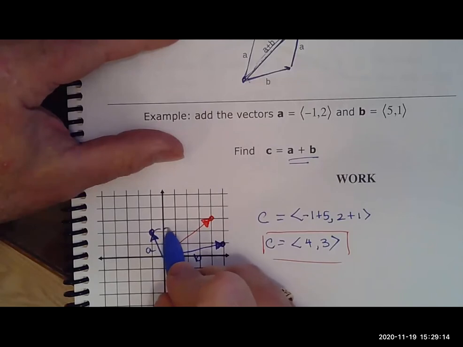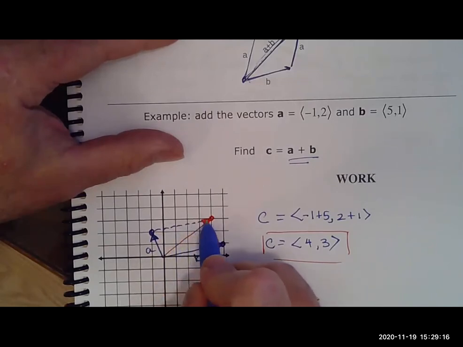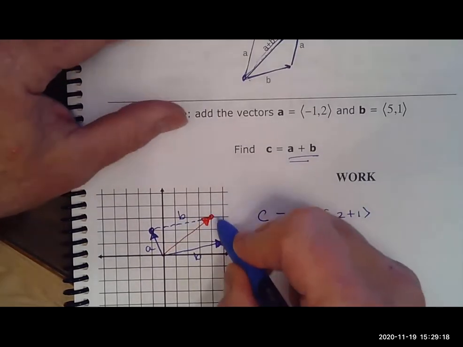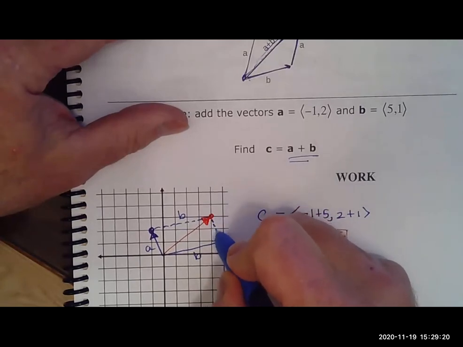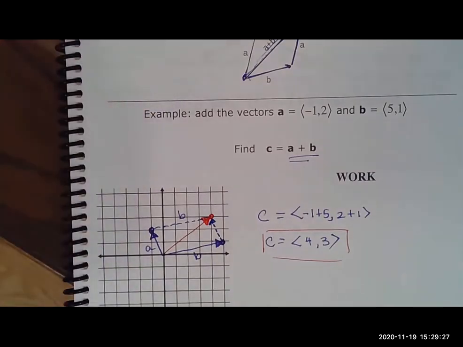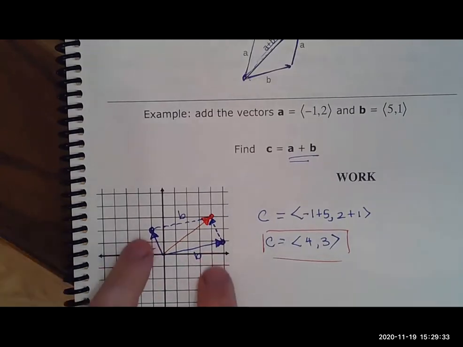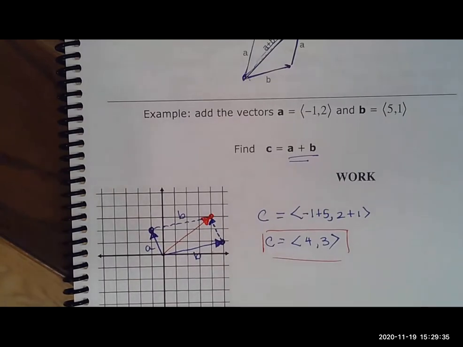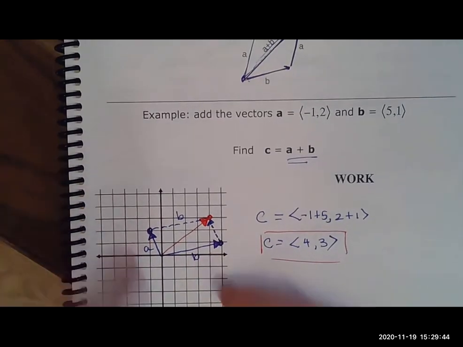Here's vector B. And here's vector A. So it's a parallelogram. It just turns out that the resultant vector is in between. It'll never be outside. The resultant vector is always contained inside the parallelogram. It's never going to be outside, never outside.